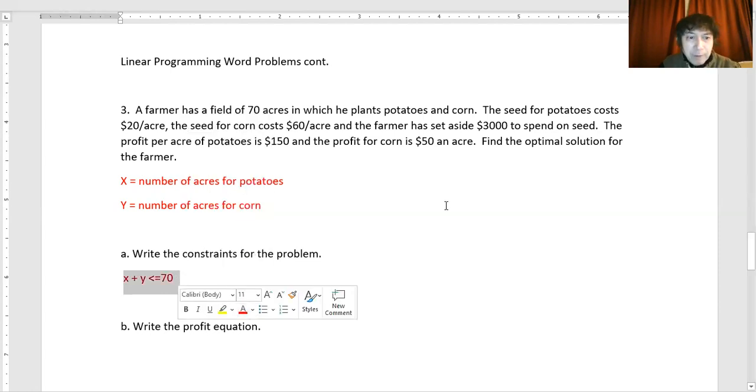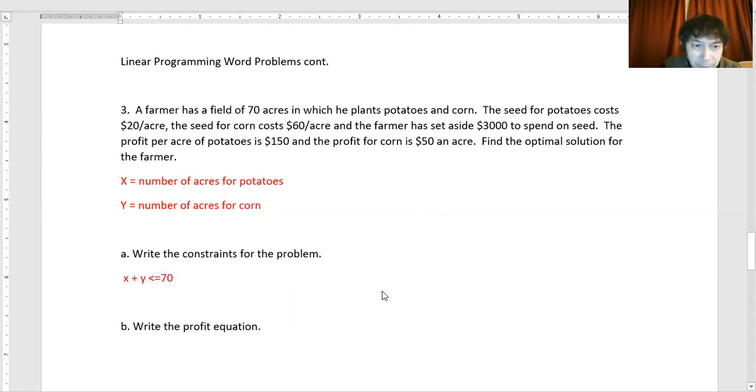So we have x plus y, number of acres for both potatoes and corn, at the most 70. It cannot exceed that because that's the available field for the farmer.